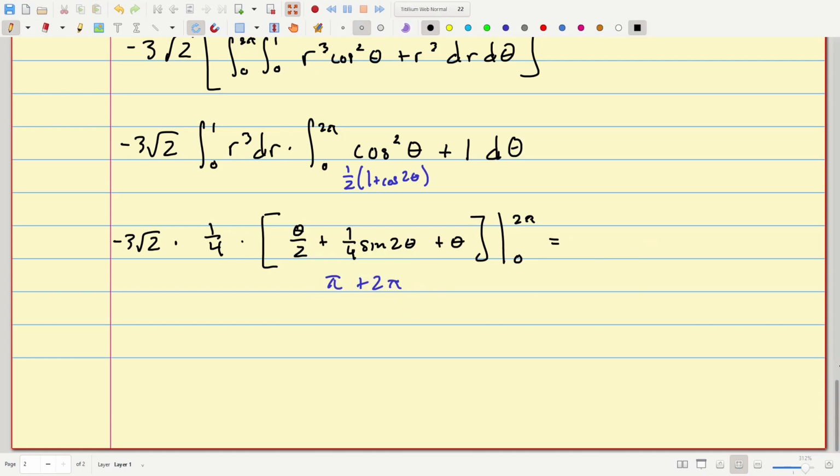All right, the whole thing, we have 3 pi times negative 3 radical 2 all over 4. We can simplify this to this, dividing the radical 2 factor out with the 4 in the denominator.